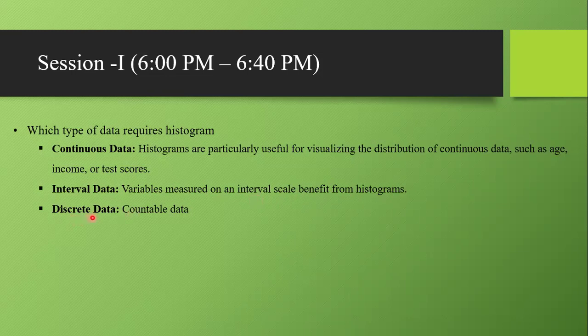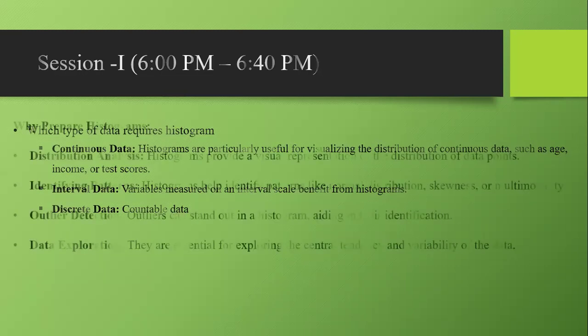You can take the discrete data also, which is countable data, like number of persons, number of cars, anything that is countable is discrete. So these are the types of data that you can take to perform your histogram analysis.